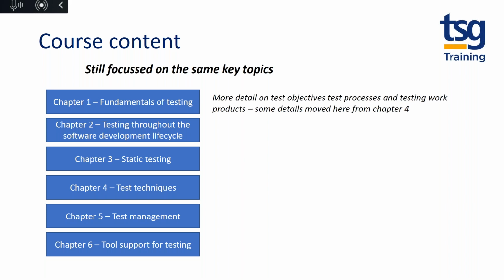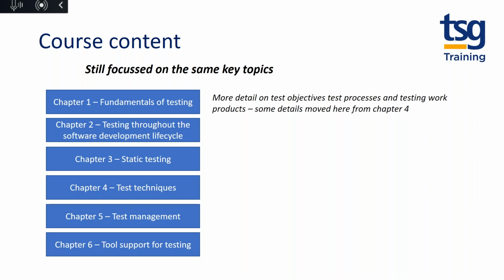We've explained some of the detail. In the fundamental section, we've now got a lot more detail on the really basic important things like test objectives, how different they can be. A lot more detail, and we've changed a little bit the way the test process is described now, so it's much more realistic to the way people work in a day-to-day manner, and a lot more detail now on the kind of work products we produce as a tester and as a test team, and where they fit into that process.